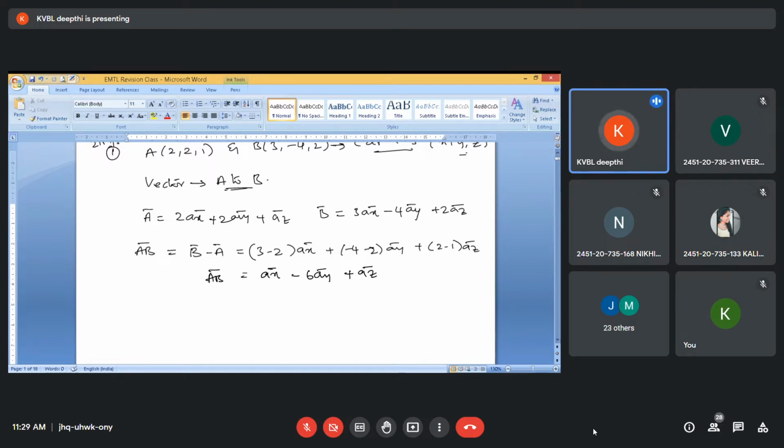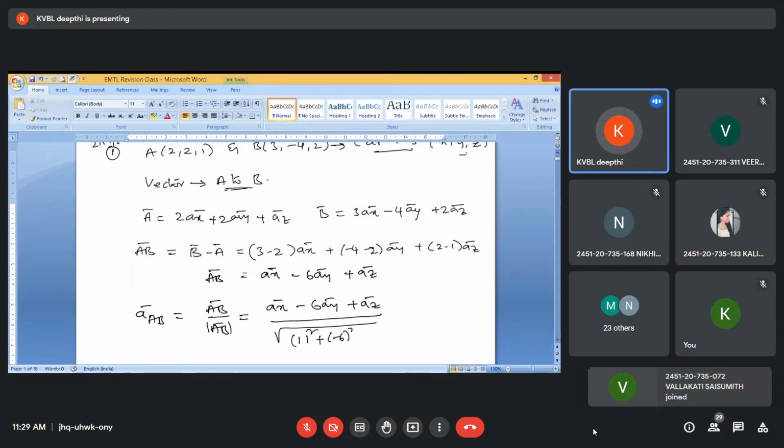Now suppose I want to find the unit vector. How do we find the unit vector, small a bar? What is the formula for this? It is AB bar divided by the modulus of AB bar. So we write the AB bar equation, ax minus 6ay plus az, divided by the modulus, which is the root of 1 squared plus (minus 6) squared plus 1 squared.